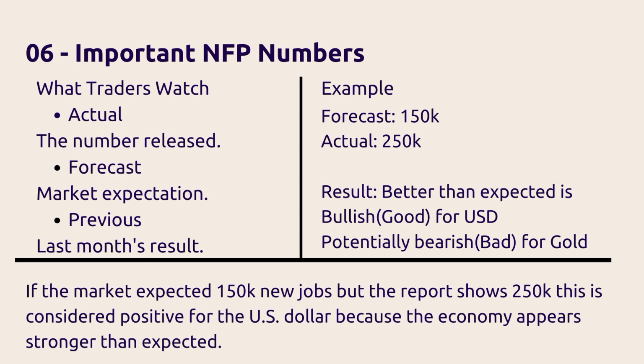You have actual, you have forecast, and you have previous. So the actual is telling us what the data is currently, whereby the forecast is telling us what their expectation is, and then previous is telling us what it was in the past.